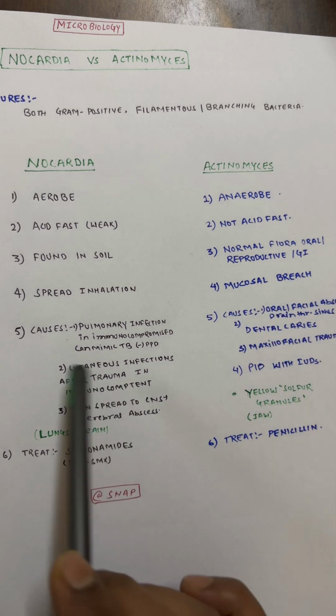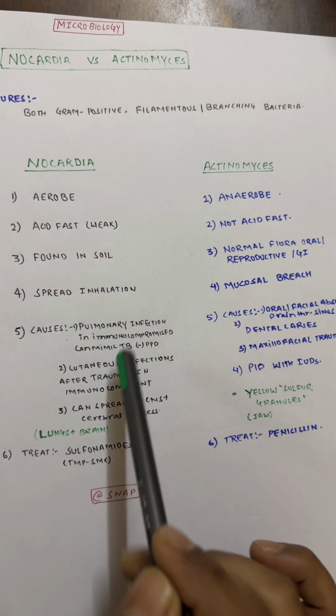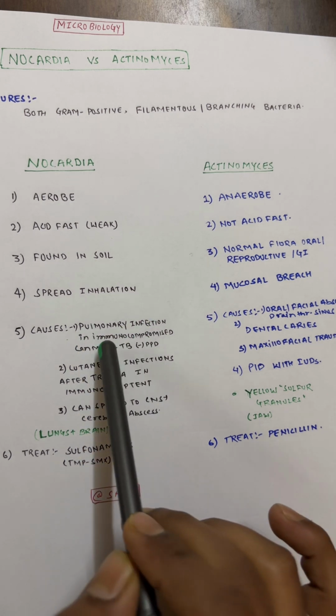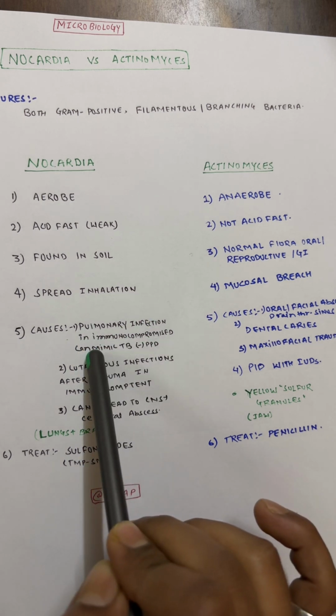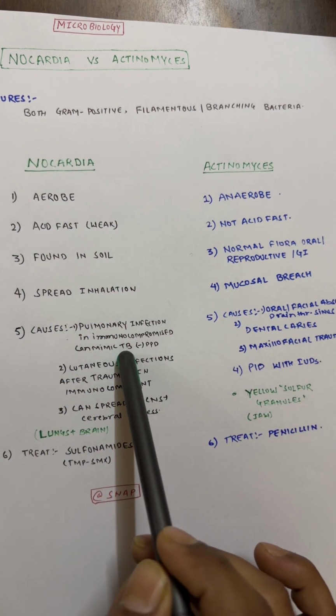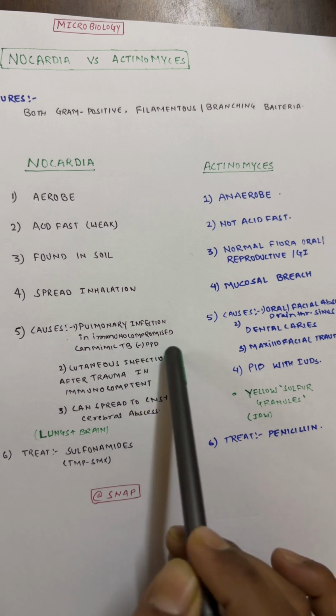Now, what does Nocardia cause? Nocardia especially affects our lungs and brain. In the lungs it causes pulmonary infections in the immunocompromised, and these infections mimic tuberculosis, but the PPD test will be negative.